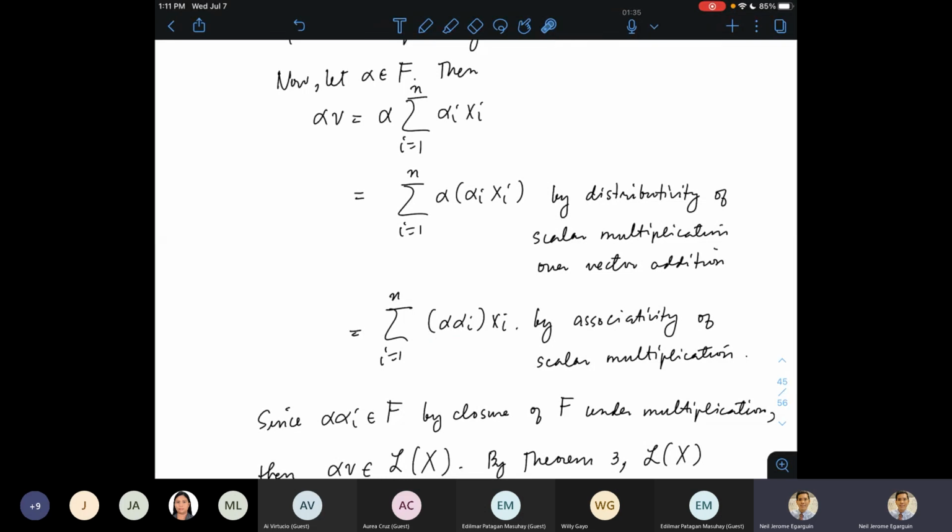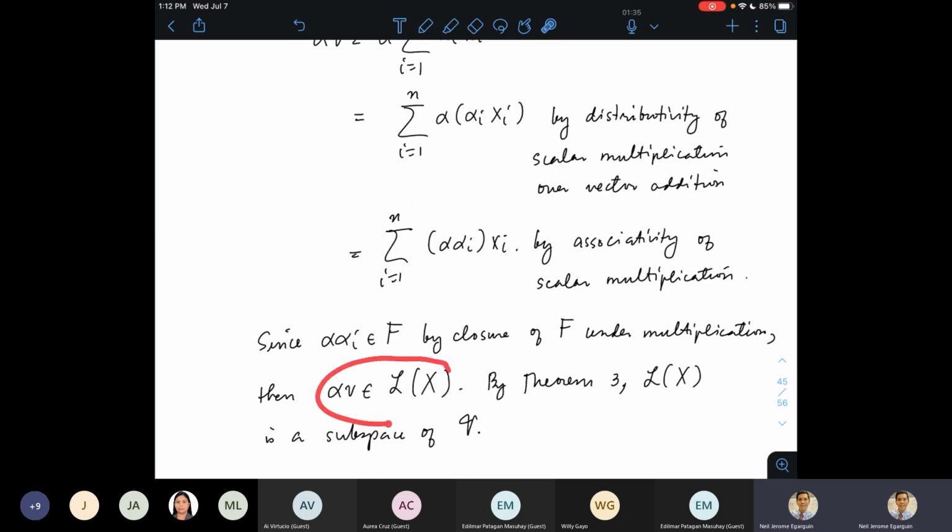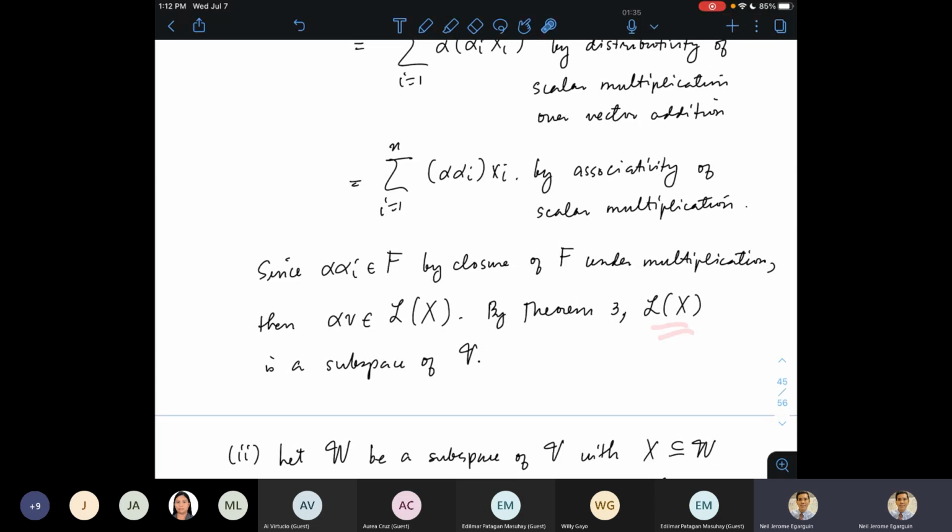So what do we have in this last expression? This is in F. The x_i's are in big X. So that means alpha V is also a linear combination of elements of X. So therefore, alpha V is in curly L of X. And then by theorem 3, then we say that curly L of X is a subspace of V. Okay?